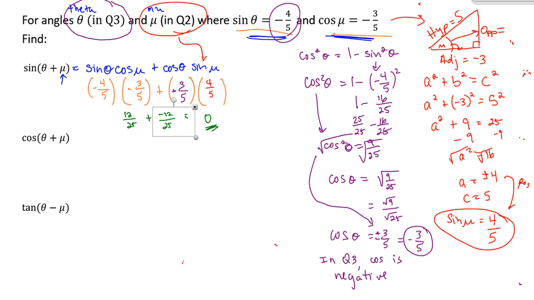Okay, so now we can do cosine of theta plus mu. This one's going to be even easier. It's just a formula.